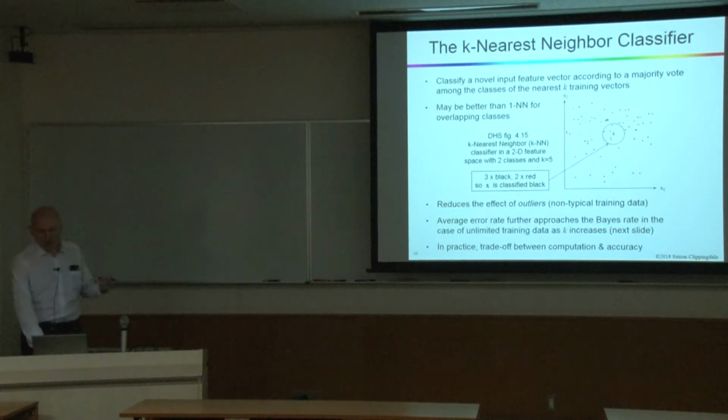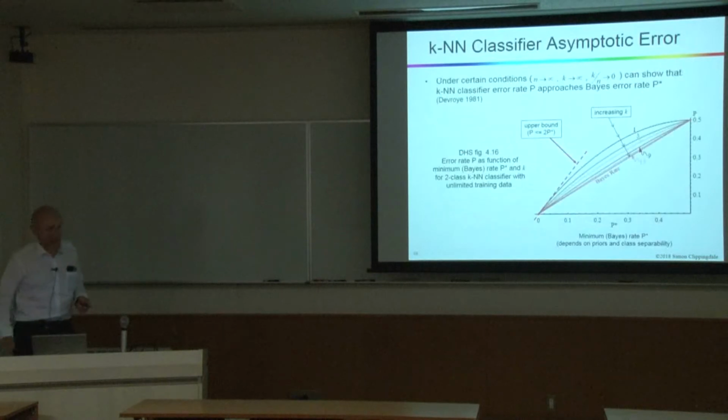So in practice, you get a trade-off between computation and accuracy. These are the conditions. As the amount of training data that you have gets arbitrarily large, and the number of vectors you include in your majority vote also gets arbitrarily large, but the ratio of the two tends to 0, you can show that the k nearest neighbor classifier error rate approaches the Bayesian error rate.